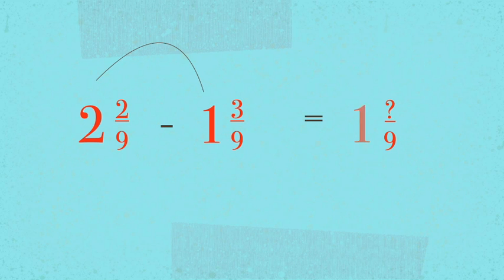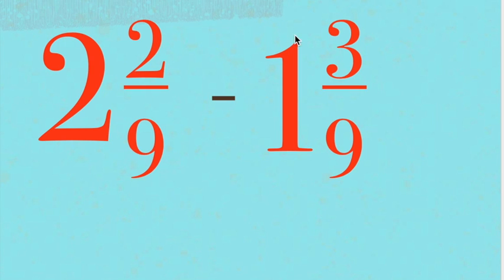So if I want to do the standard algorithm, I'm going to take the 2 minus the 1, and then I get this 1. And then I'm going to take 2/9 minus 3/9 and get, wait, I can't do that. So the standard algorithm doesn't work here. I'm going to have to get a little creative. Okay, watch what I do on this problem.